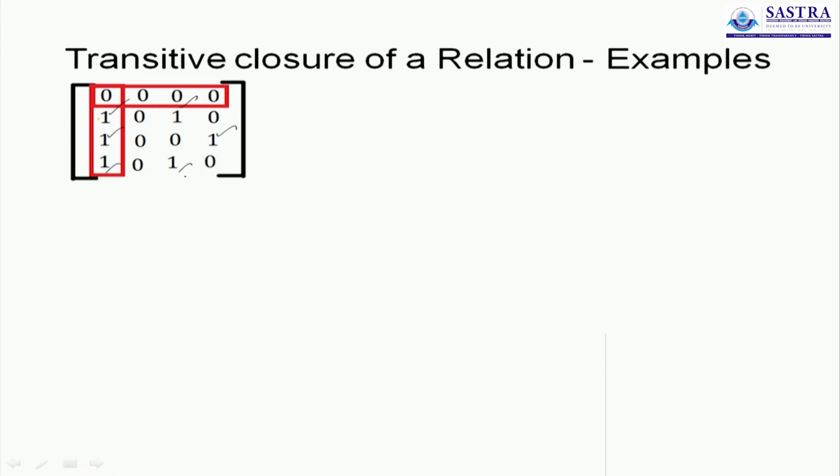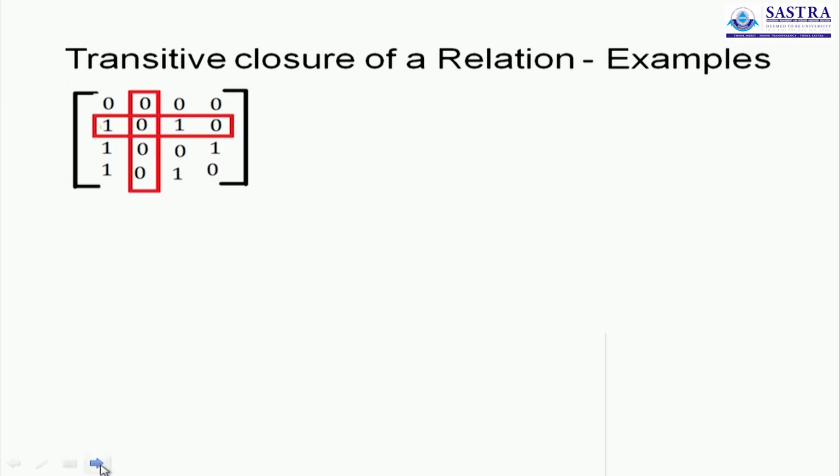No element in the first row is a 1, no element in the second column is a 1, and that's where you start. Now looking at the first row and the first column, there is no change that you can make. A21 is a 1, A31 is a 1, A41 is a 1, but you cannot compare with anything else, so there is no change at the end of the first iteration.